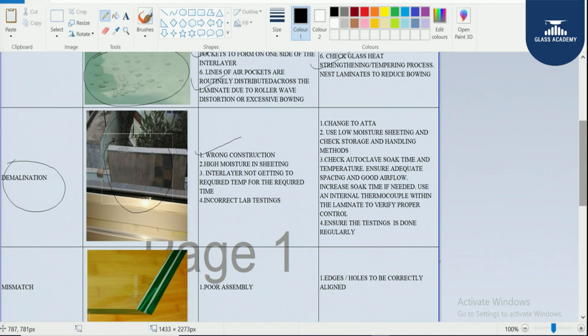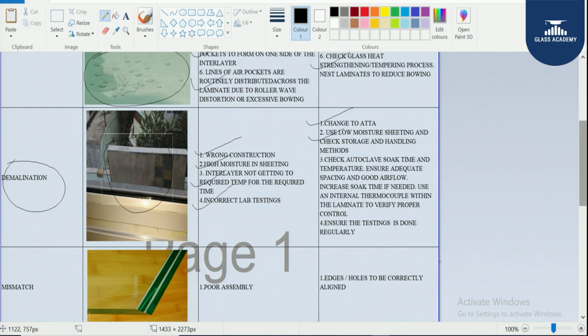The reasons for delamination are wrong glass construction, high moisture in the sheeting, the interlayer not reaching the required temperature for the required time, or incorrect lab testing. We can overcome these issues by changing the glass combinations, like air side, tin side, air side. Use low moisture sheeting and check storage and handling methods.